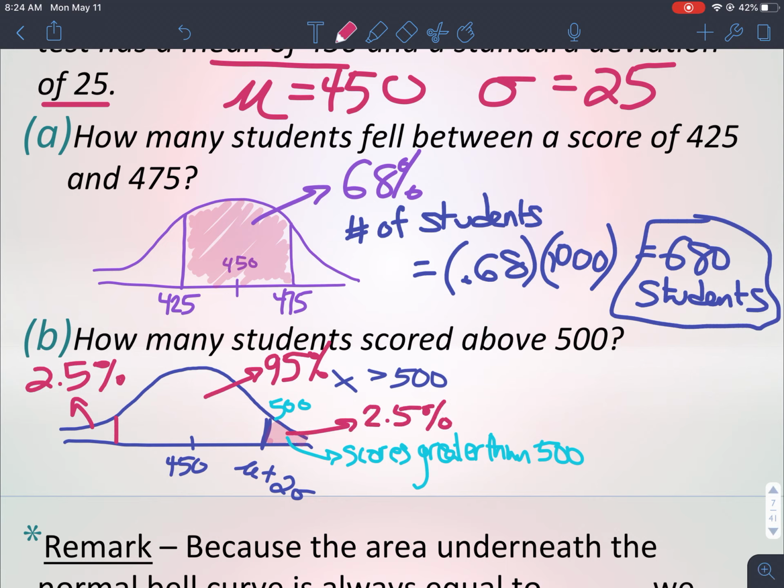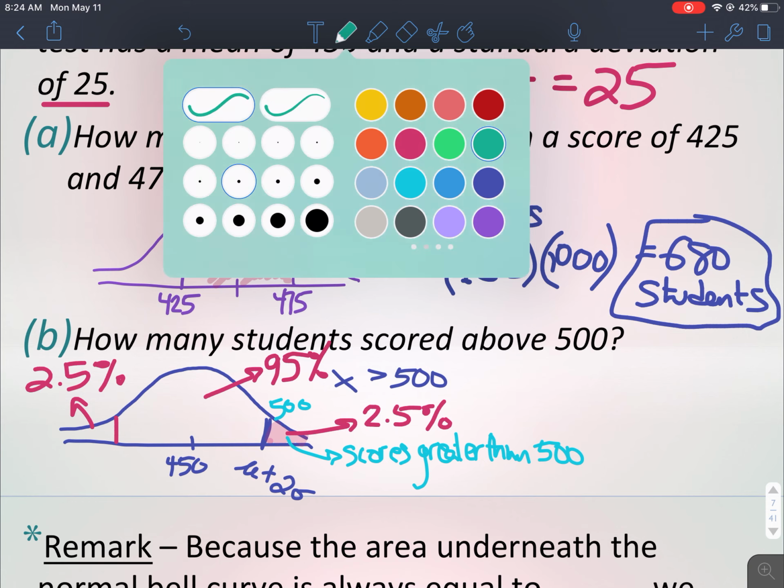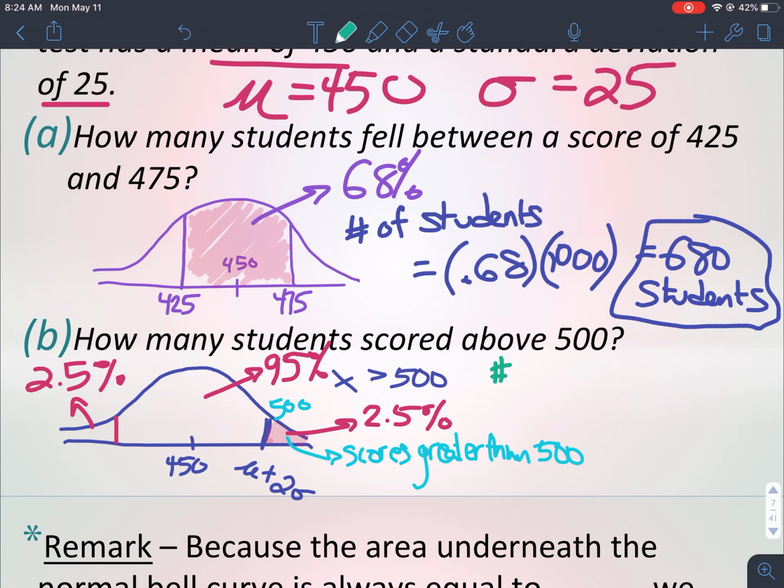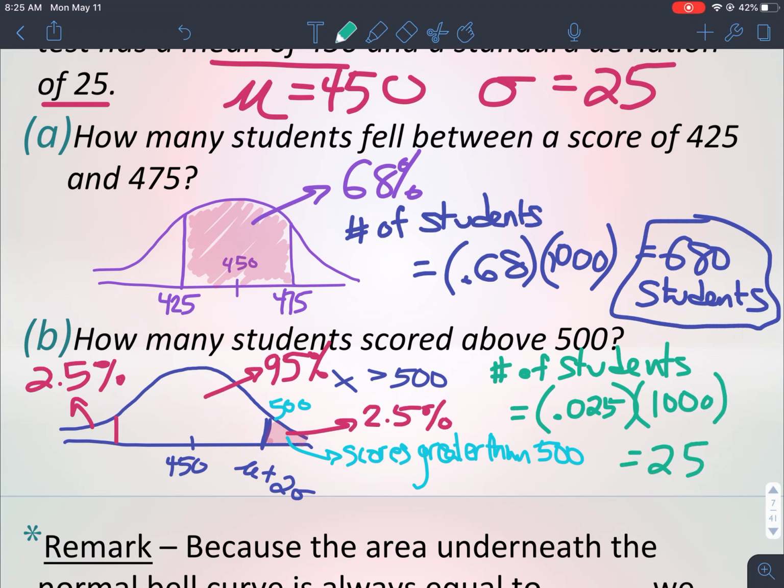Okay, so notice that the whole thing adds up to 100. So that little tail above 2 standard deviations is 2.5% of the data set. Now let's take that number. So we should have, as a decimal, 0.025 multiplied by 1,000. And that gives us about 25 students.